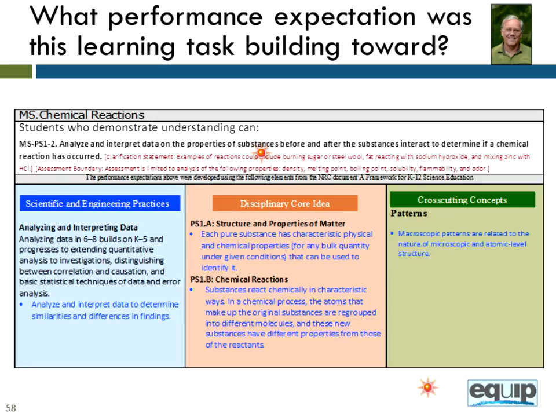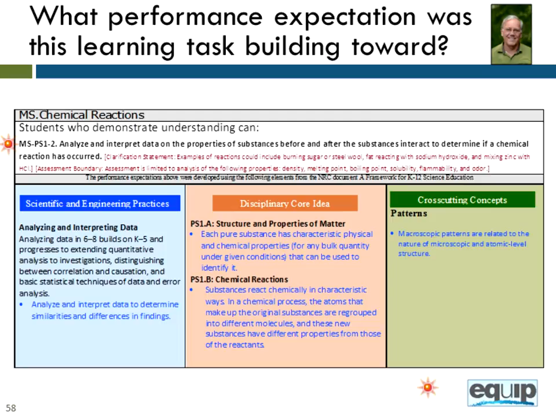You shouldn't think that in any one given case, kids are really going to learn all those ideas. And particularly when you look at the crosscutting concepts, macroscopic patterns are related to the nature of microscopic and atomic level structures. This is a very sophisticated idea. So one lesson isn't going to get us to the performance expectation, or it shouldn't necessarily.